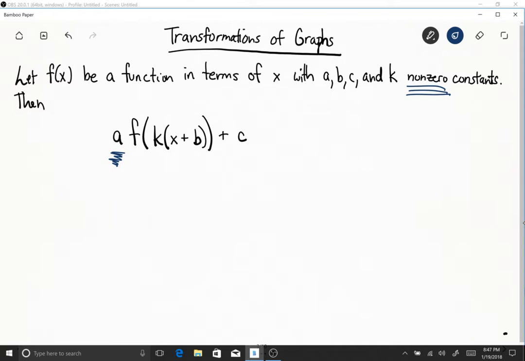So the a value, first off, if a is less than 0, what does that mean? Let's think about that. That just means it's a negative. Then the function is reflected over the x-axis.